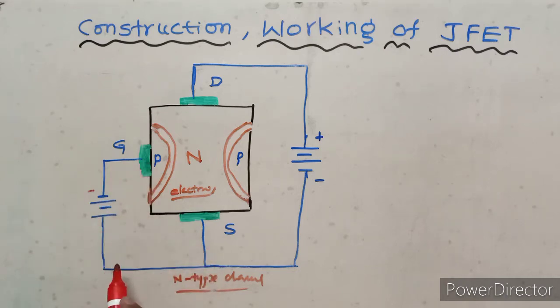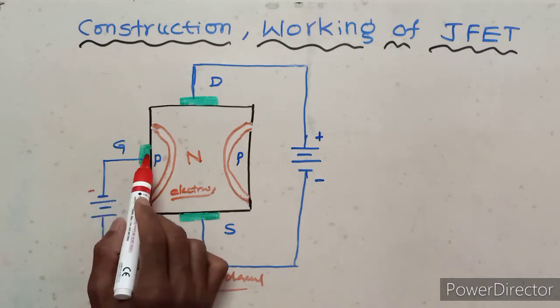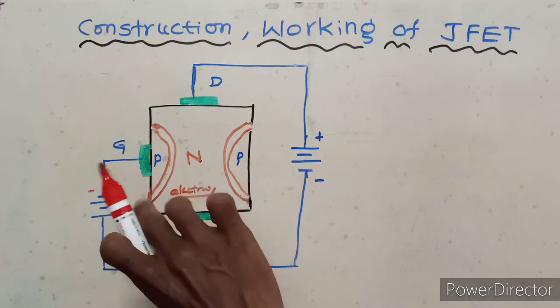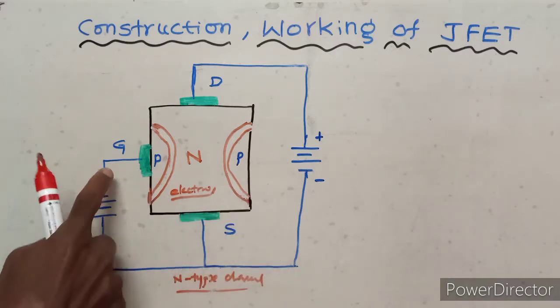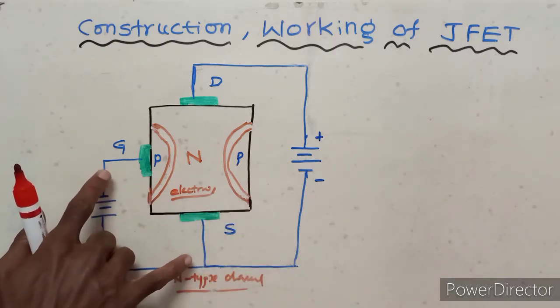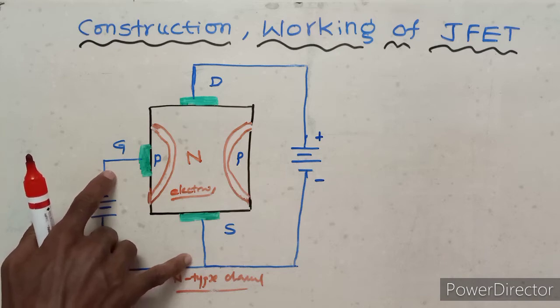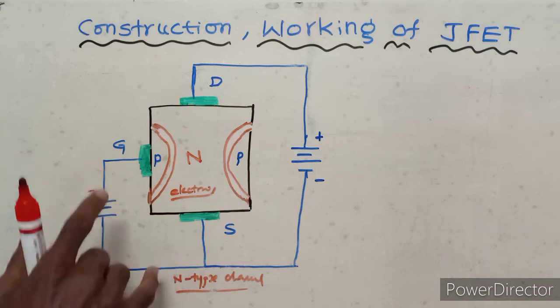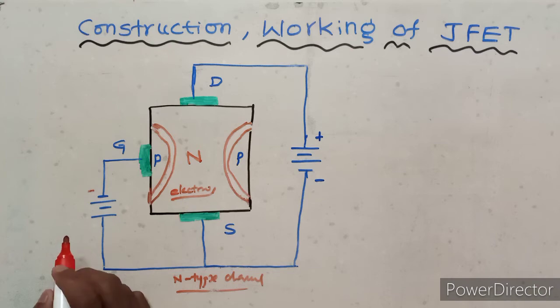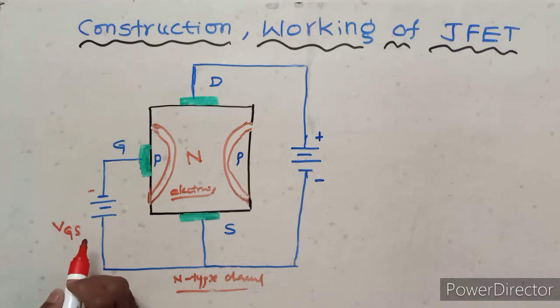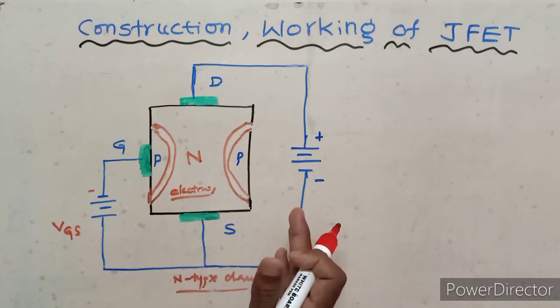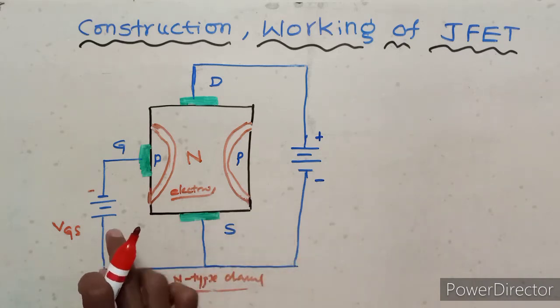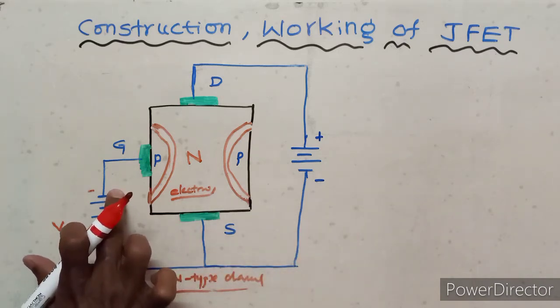The voltage between the gate and source, which is normally reverse biased, is called VGS. The remaining connections are interchangeable.